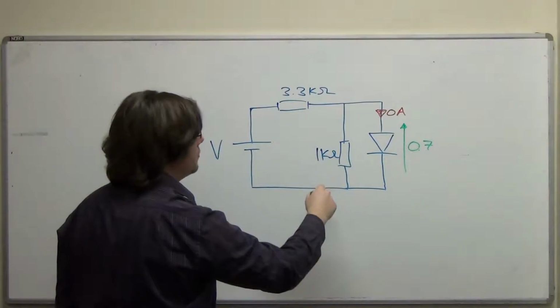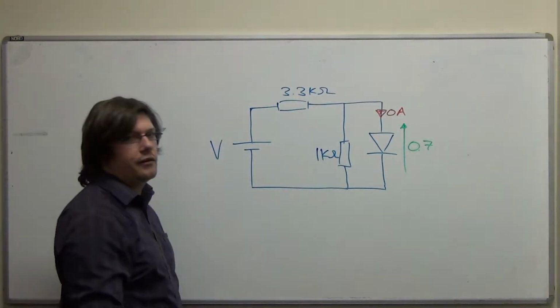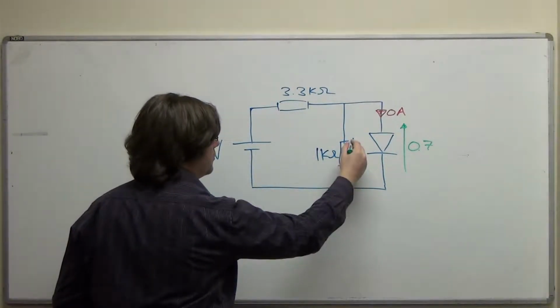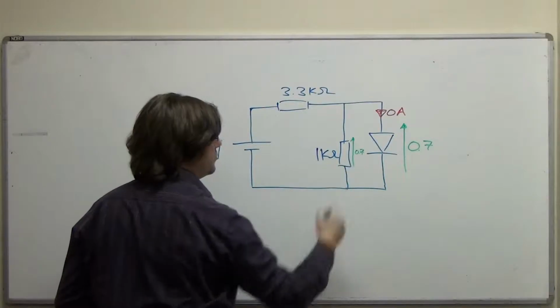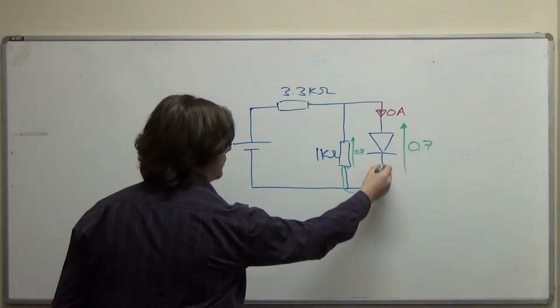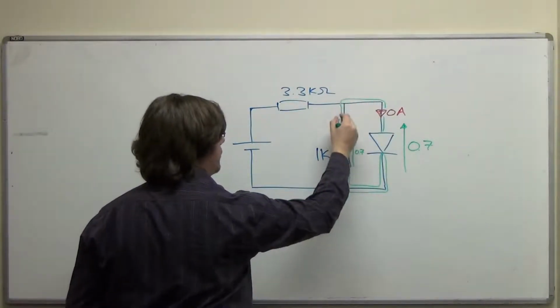The only thing you've got to make sure of is that because the diode and this resistor are in parallel with each other, you're going to have to make sure it's 0.7 volts across the resistor as well. That must be the case because this bit's connected here and this bit's connected here.